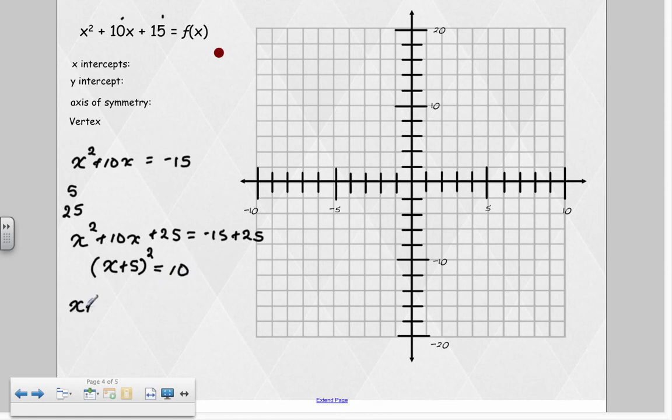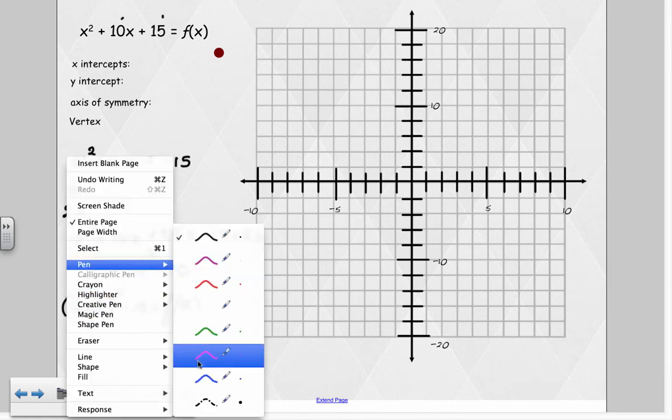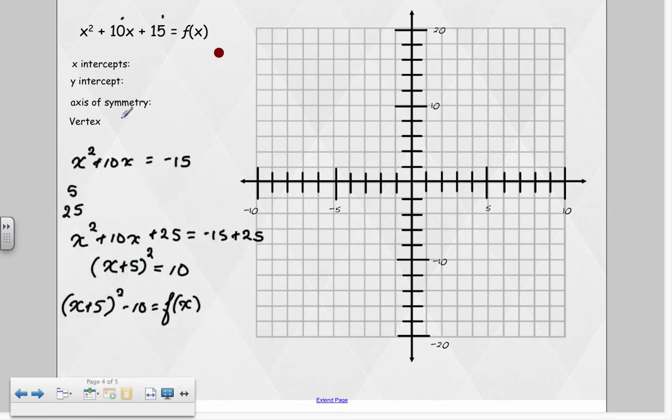All right, so now I have some information of what my parabola looks like. I know its vertex: horrible horizontal, we take the opposite; very nice vertical, we take the same. So my vertex is (-5, -10).